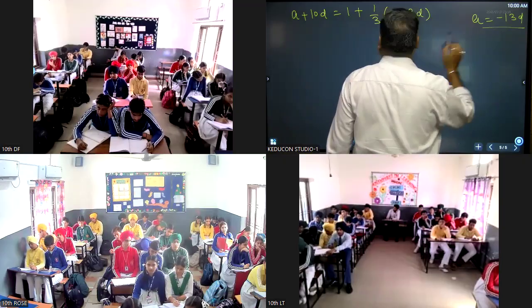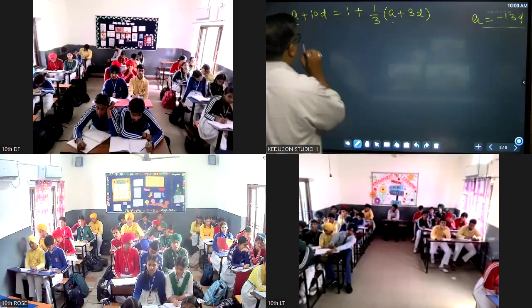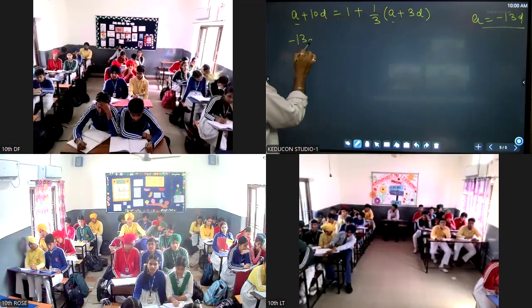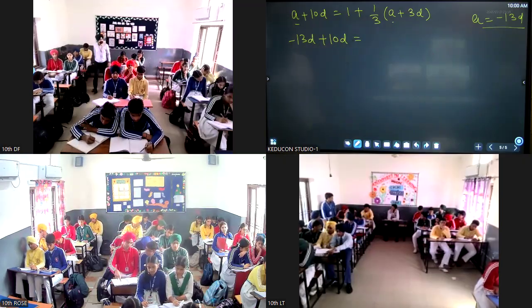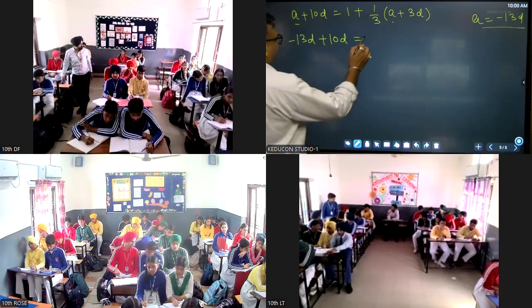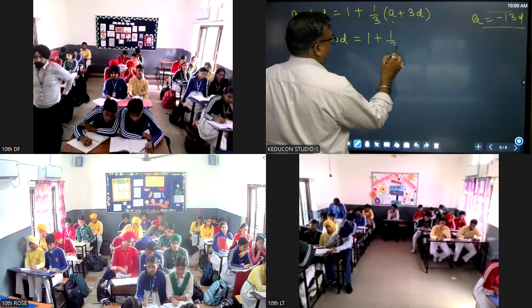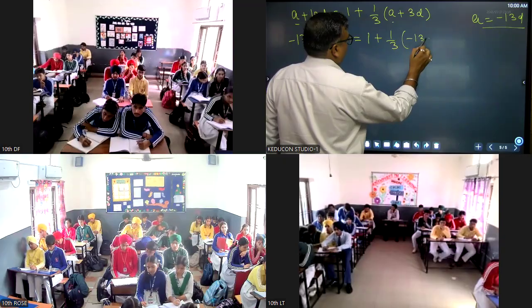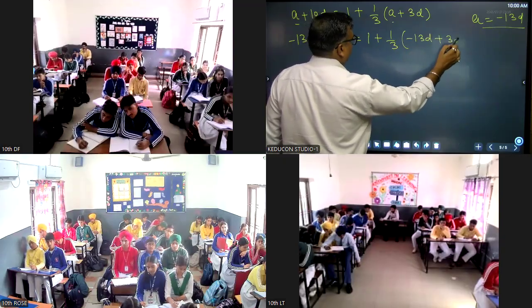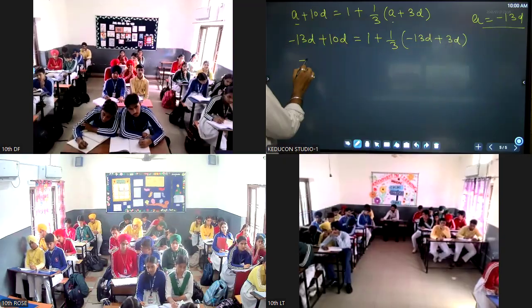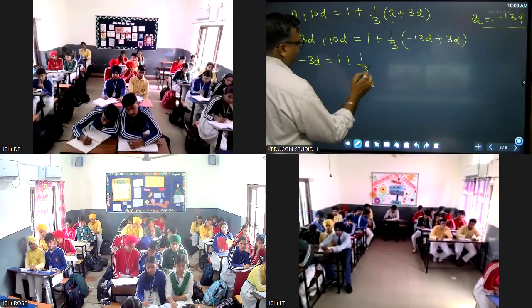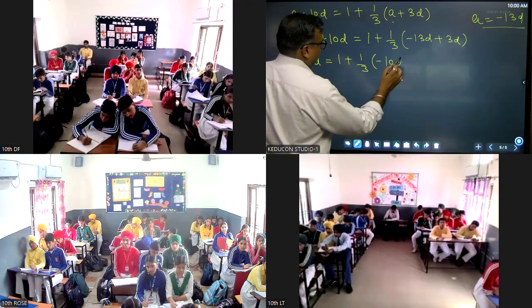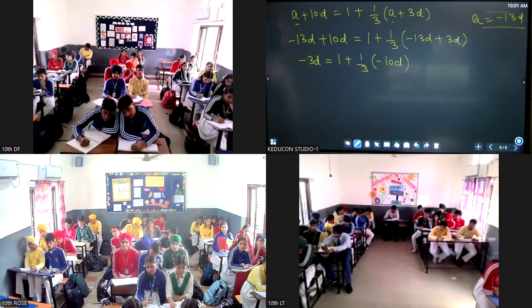Put this value of A here and here. So minus 13D plus 10D is equal to 1 plus 1/3 of minus 13D plus 3D. So this becomes, students, minus 3D equal to 1 plus 1/3 into minus 10D. Anything not clear, students, till now?